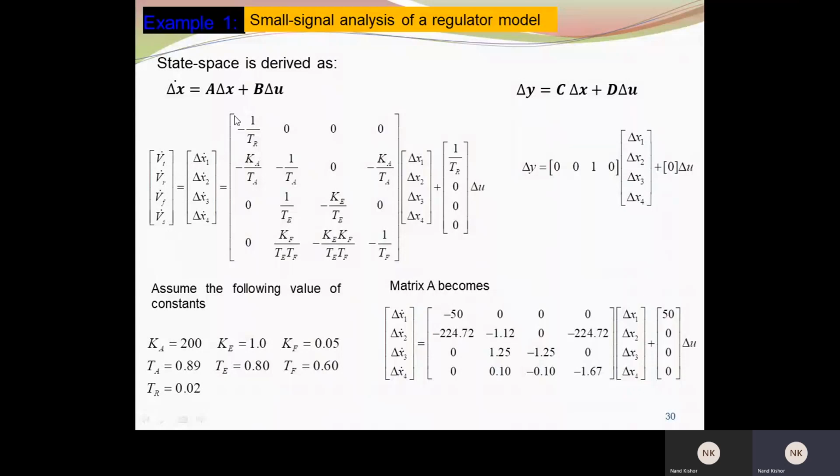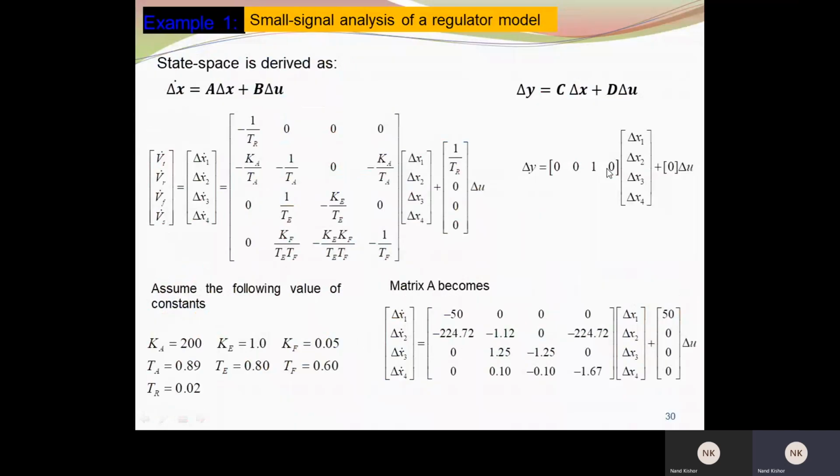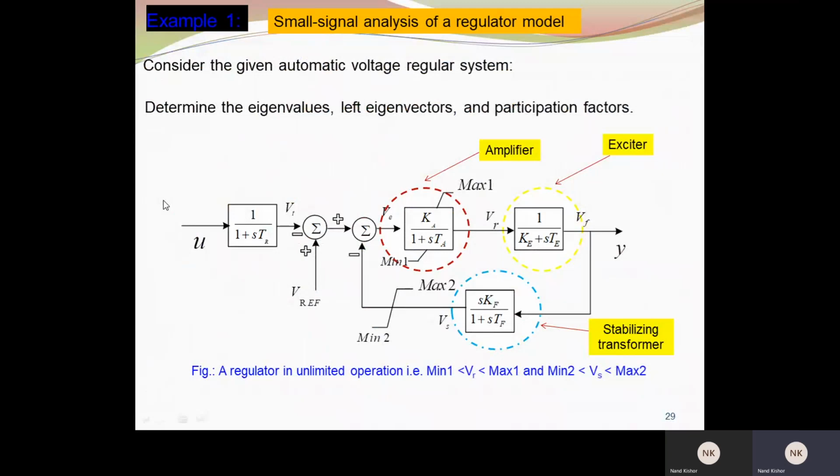Then we can present the complete A matrix here and the state quantities, and then you have the B matrix here, and the control signal. We also have the output variable. In this case, we have the voltage signal at the output of the exciter, that is the VF.